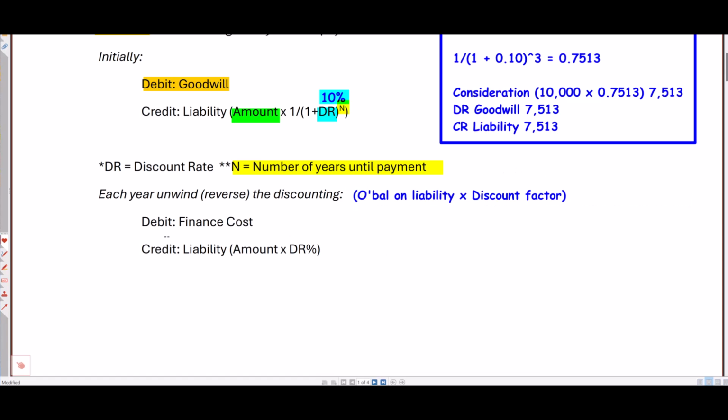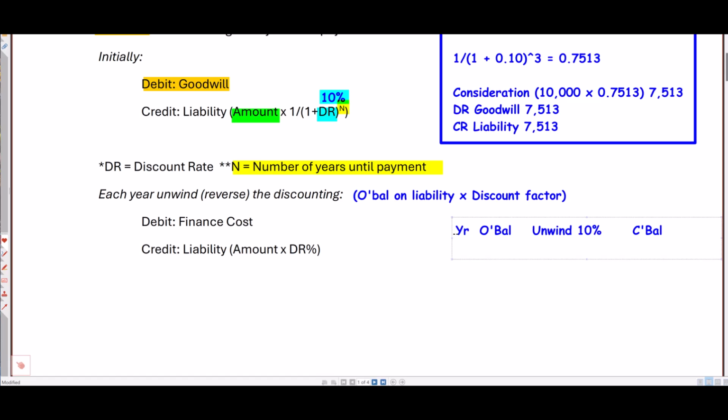And we debit the finance cost, credit the liability. I think it's useful to think of this in a little table. So you start off with the opening balance here. You then unwind it by multiplying by the discount rate, which was 10%, and that gives you the closing balance.